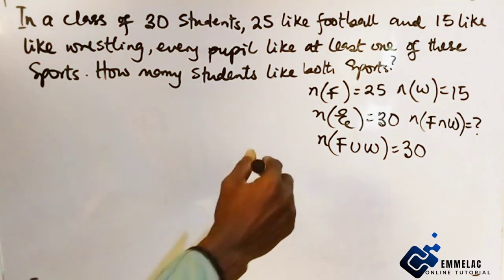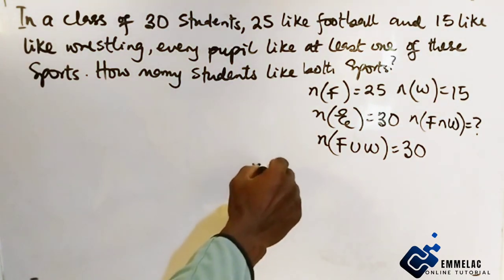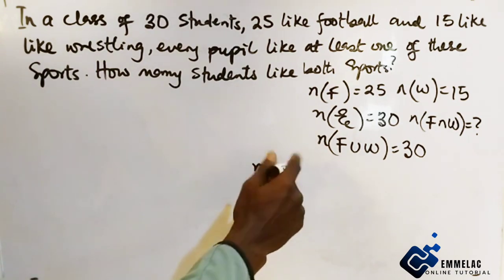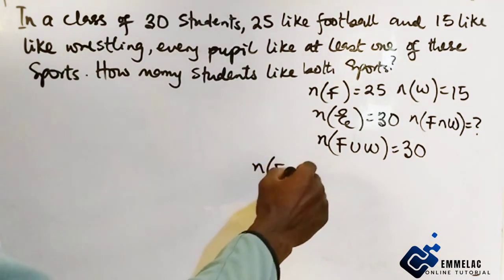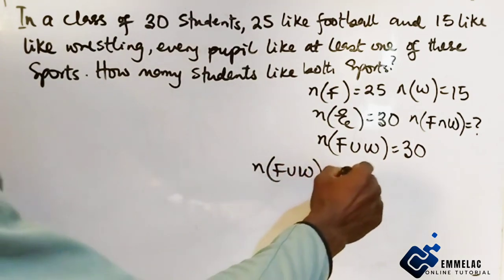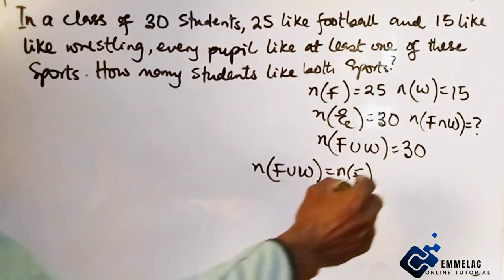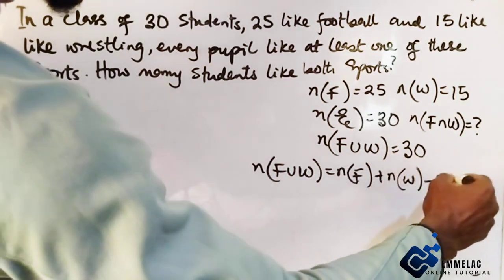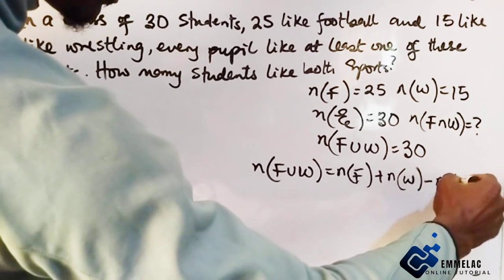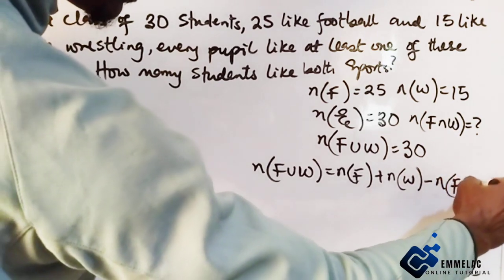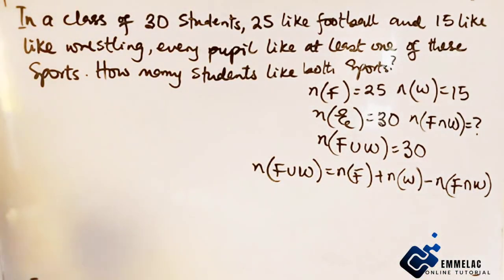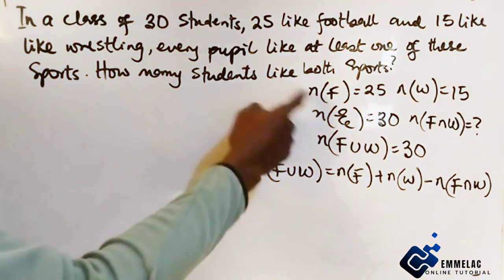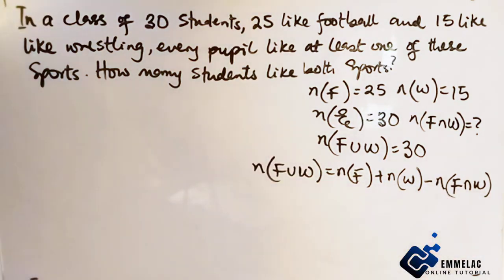Recall that the number of F union W equals the number of F, which is football, plus the number of W, wrestling, minus the number of F intersection W. When we are told to find both sports, this is what we're looking for.